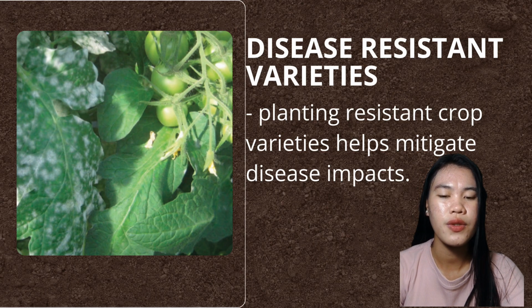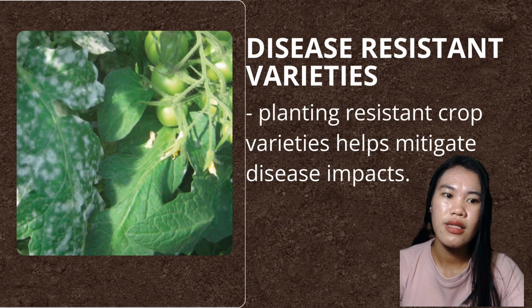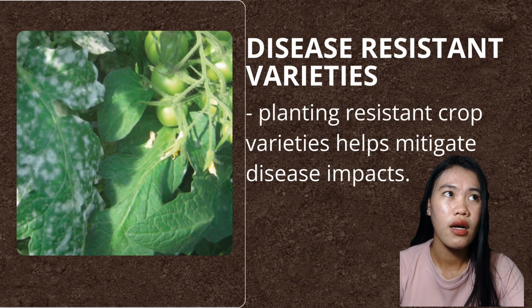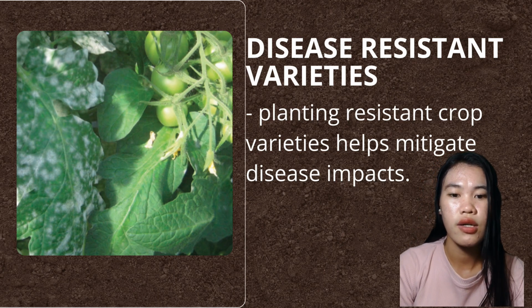Unlike dun sa crop rotation, so yung mga variety nito may mga genetic traits sila na yung mga pathogens is usually hindi nagtathrive and hindi nila na-infect yung mga crops na yun.